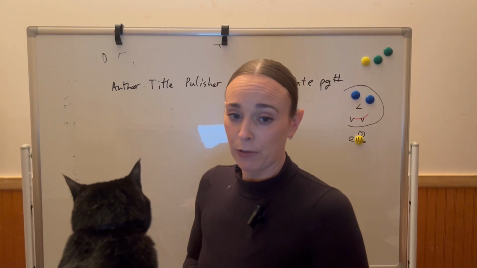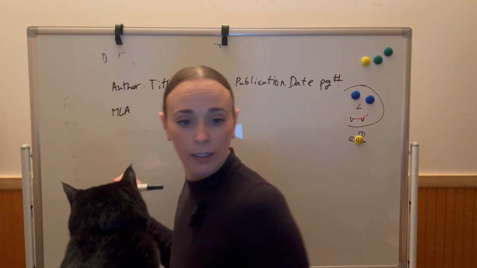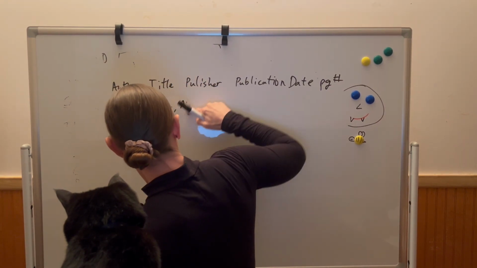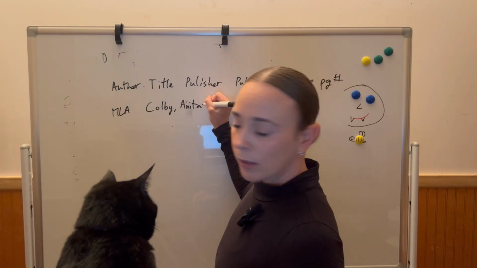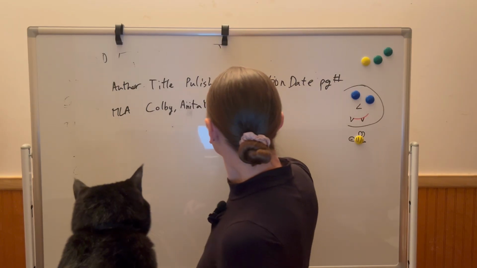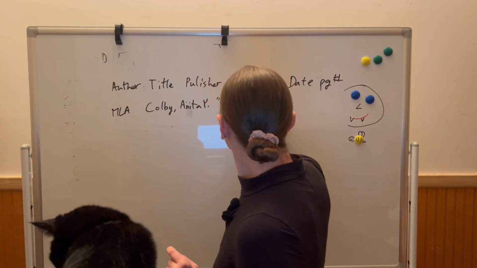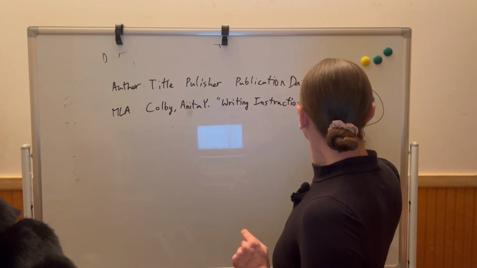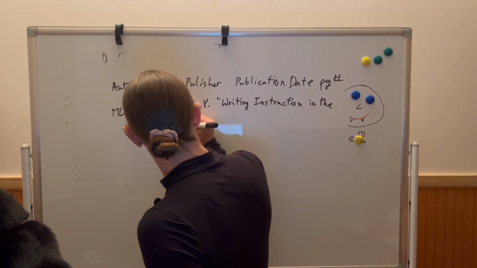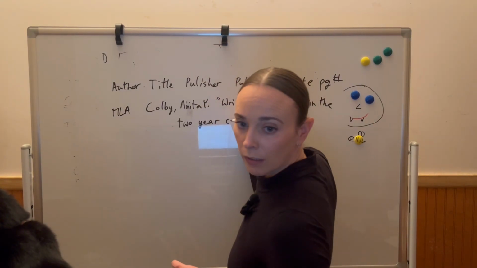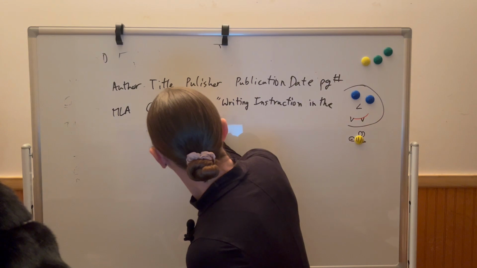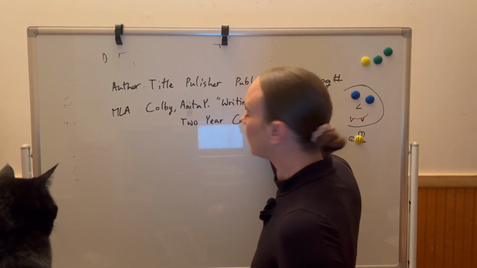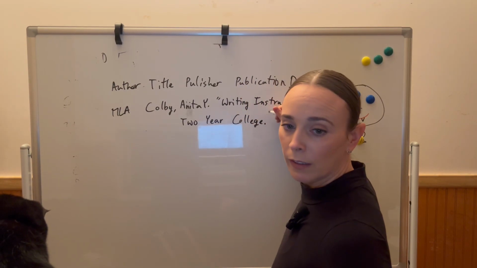So the article that I hand out to everyone for MLA, what that would look like is: Colby, Anita, Y. Period, in quotation marks, the title, "Writing Instruction in the 2-Year College," period, end quotation marks.